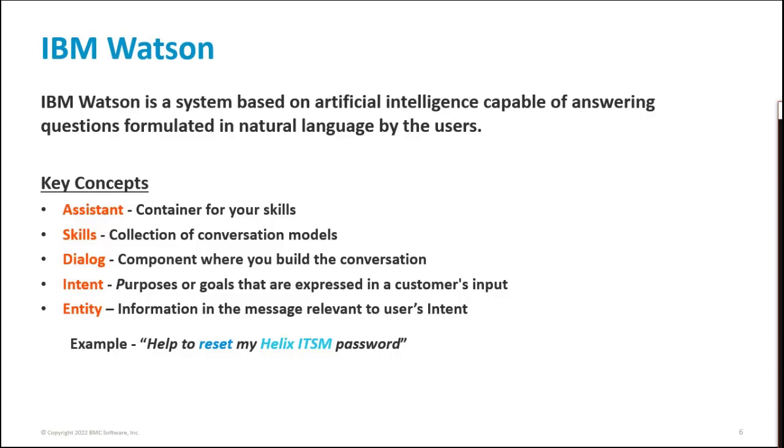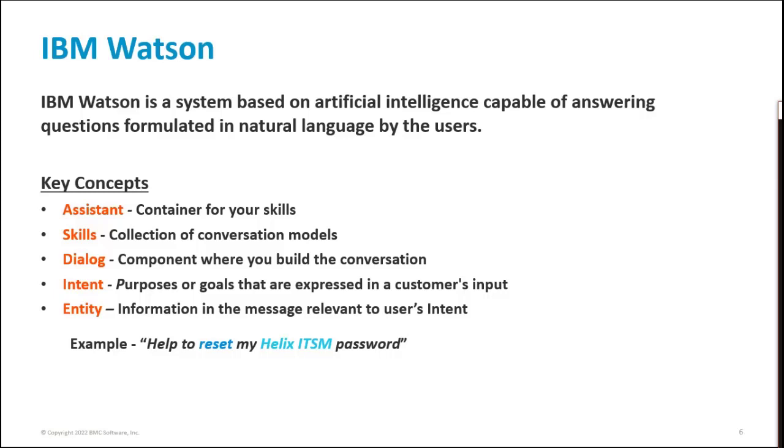Dialogue or skill is the component where you build the conversation that your assistant has with your end users. It's a branching conversation flow that defines how your application responds when it recognizes the defined intents and entities. Intents are purposes or goals that are expressed in a customer's message.